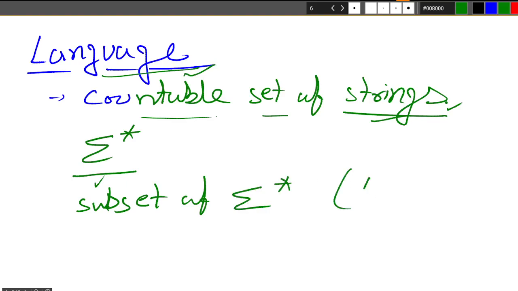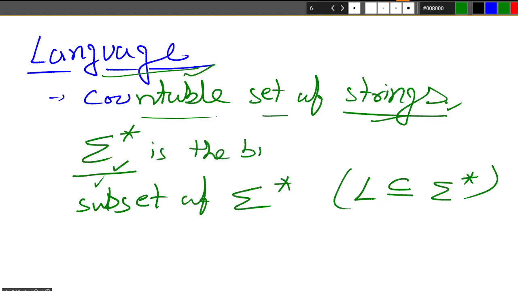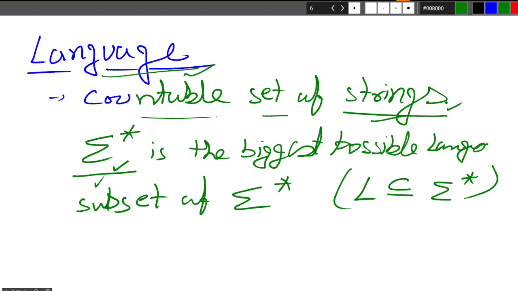Let me write it like this: a language L is a subset of the Kleene closure of the alphabet. So you can understand that this Kleene closure is the biggest possible language. You can also call it the universal language.